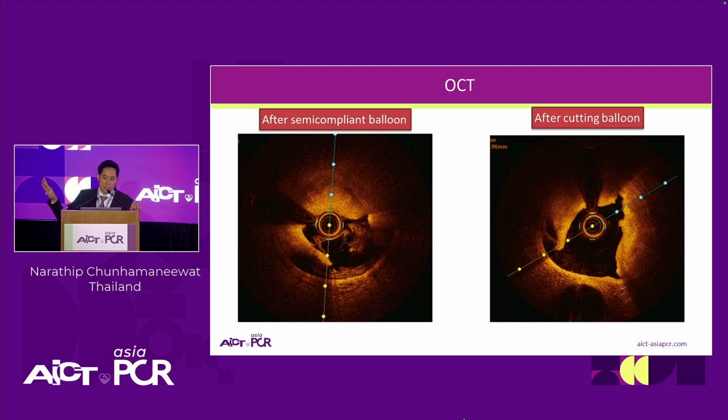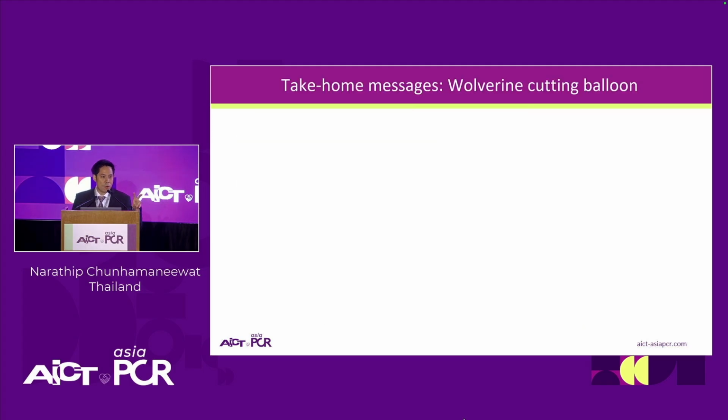But the right picture is the result after the cutting balloon. Now you have a focal force. When you do inflation with the cutting balloon, you transmit the force to the surgical blades, and you see 3 blades. You see 3 cracks in the fibrous plaque, and you got even better luminal gain after the cutting balloon in fibrotic tissue. So this is my take-home message.